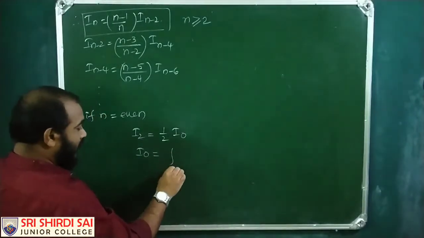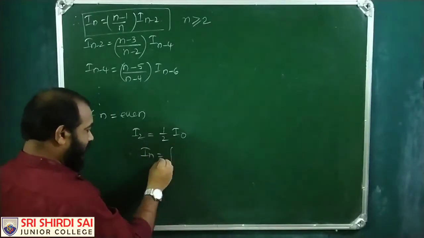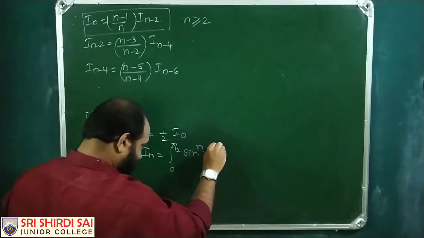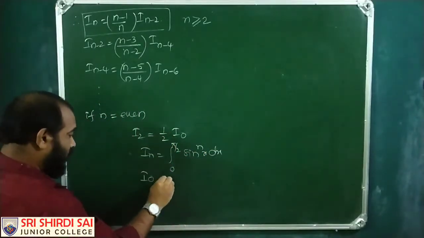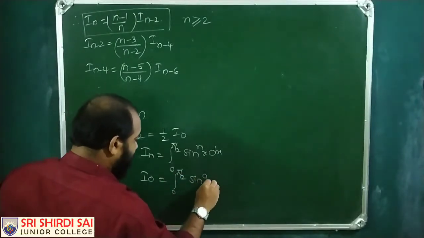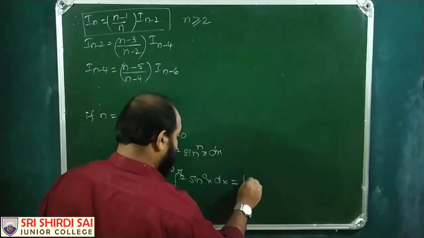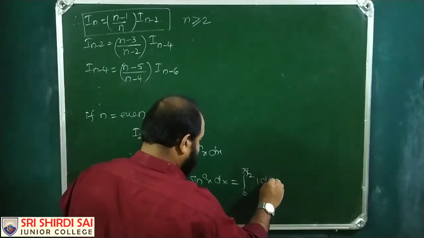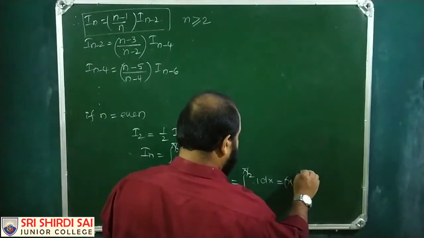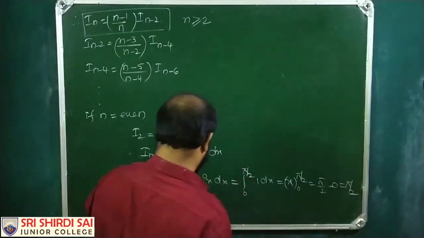Simply substitute in the integral 0 to pi by 2 sine power n x dx. I naught is integral 0 to pi by 2 sine power 0 x dx. Something to the power of 0 is 1. So integral 0 to pi by 2, 1 dx, which is x. So integration is over, and 0 to pi by 2 is to be written here: pi by 2 minus 0, which is pi by 2.